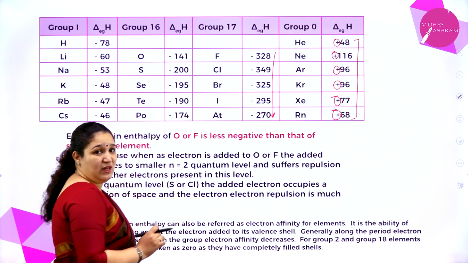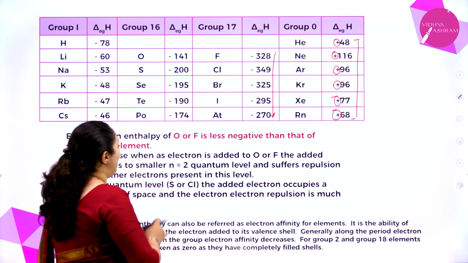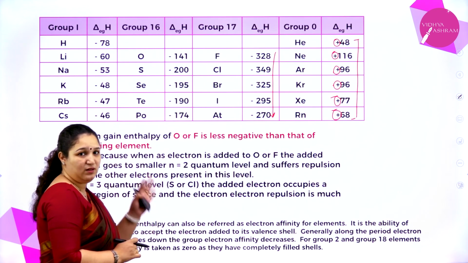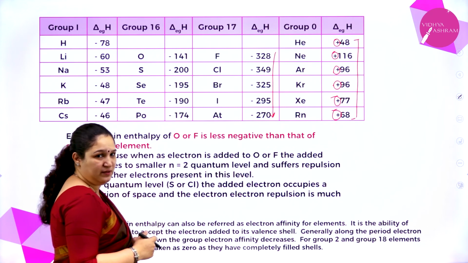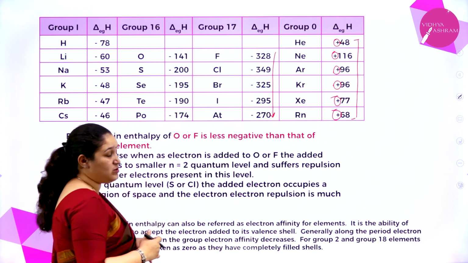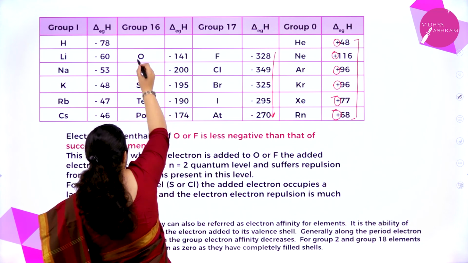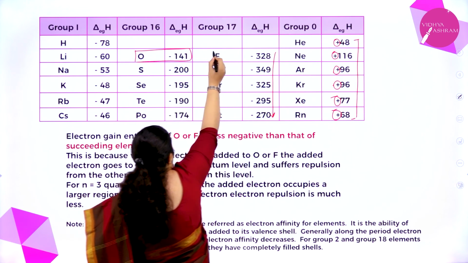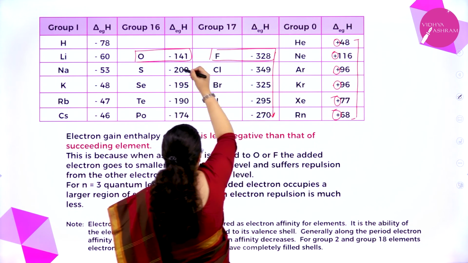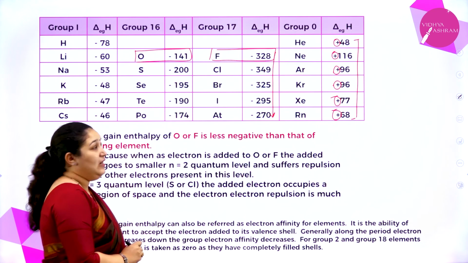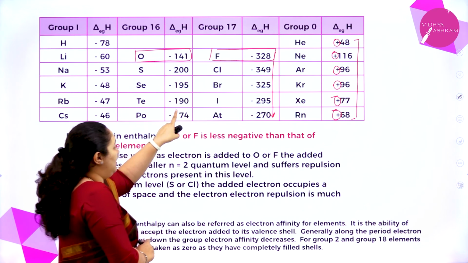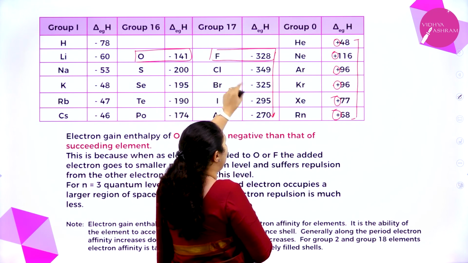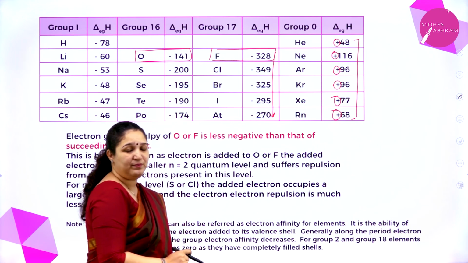Also, one more thing: as we come down the group, the electron gain enthalpy is going on reducing, isn't it? The amount of energy released is reducing. But then you observe oxygen and fluorine, and the next value also. Compared to sulfur, oxygen has less electron gain enthalpy. Compared to chlorine, fluorine has less electron gain enthalpy.